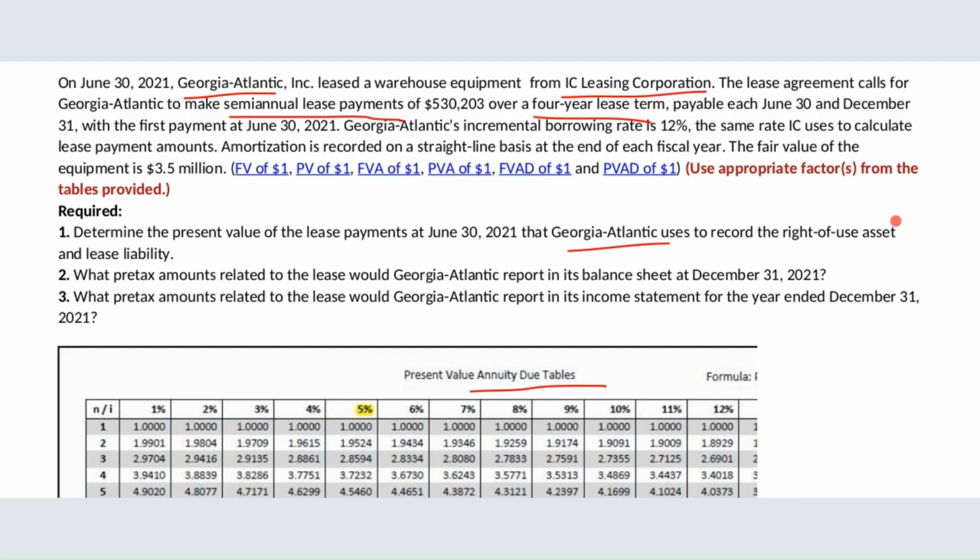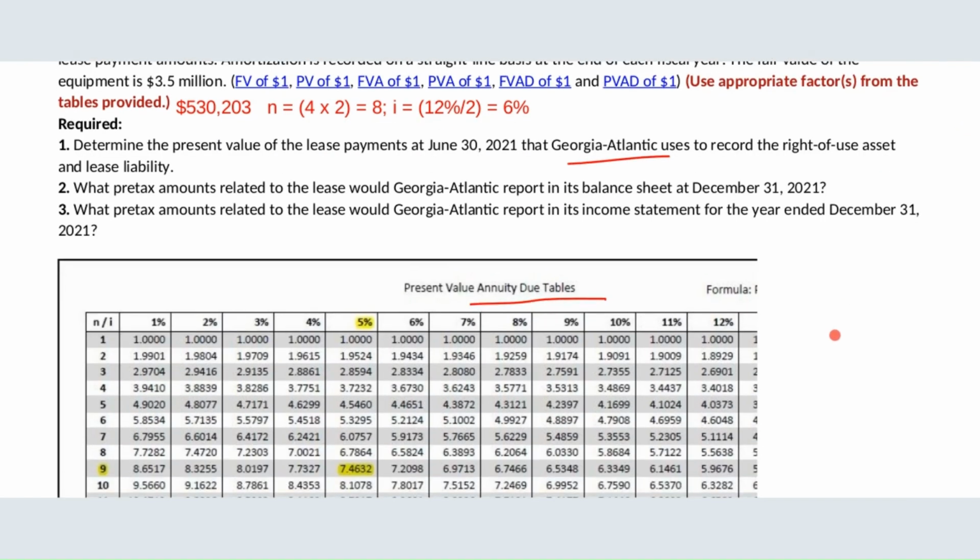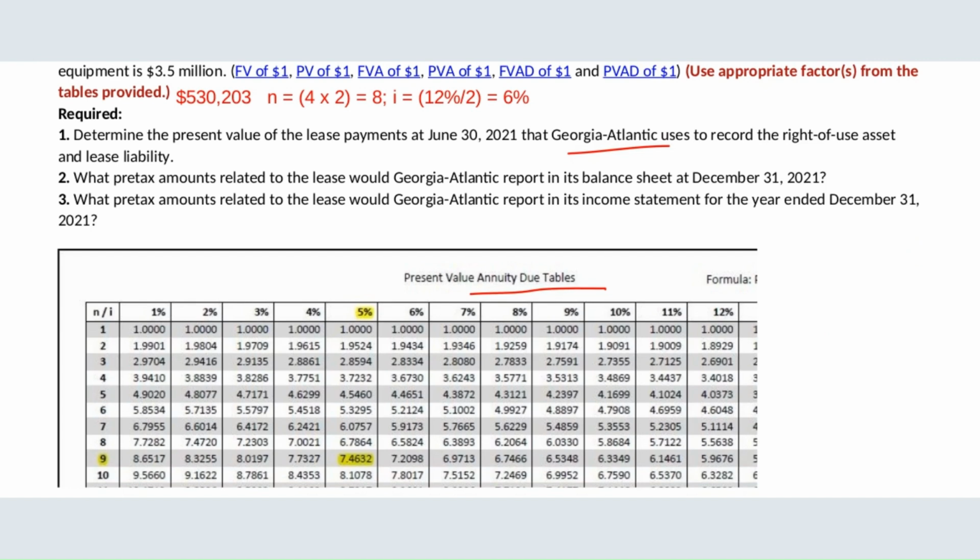And i is equal to what? 6, right? So it's going to be our 12% divided by 2, which is equal to 6%. So if I come here to our present value of annuity due table, and I go to n equals 8 and i equals 6, then I'm here, right?